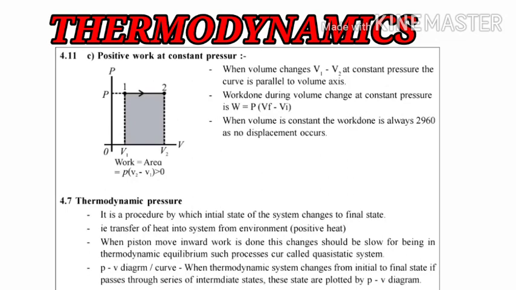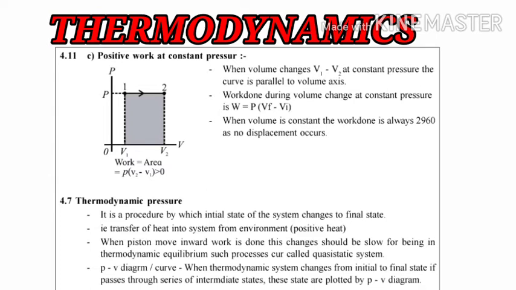After that, students, the next part we have seen is the positive work at constant pressure. As you can see in the graph of PV, at point 1 the volume V1 is constant, and as the state changes from 1 to 2, at point 2 the volume will be constant and the pressure will be increasing drastically.